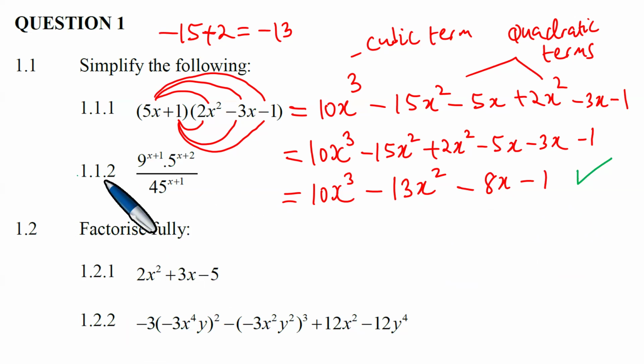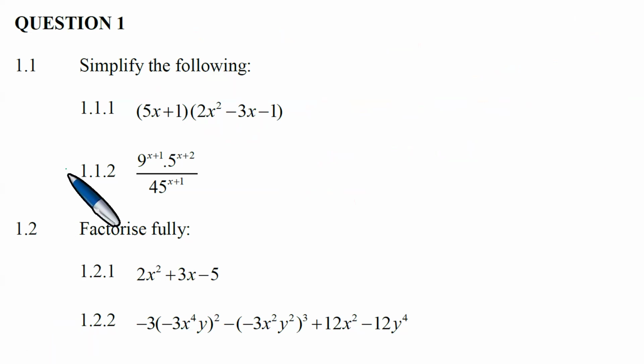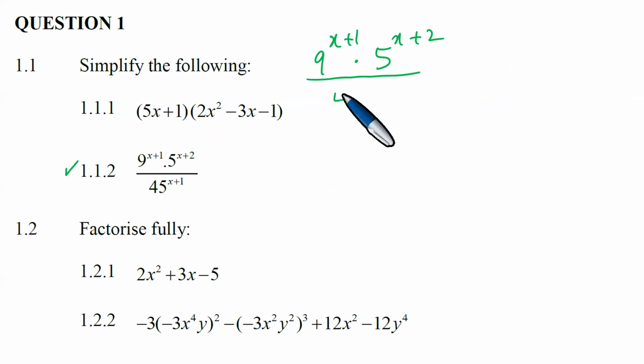The next question is 1.1.2. If you have 9 to the power x plus 1, we multiply by 5 to the power x plus 2. We divide by 45 to the power x plus 1. What do we do first here, Paul?